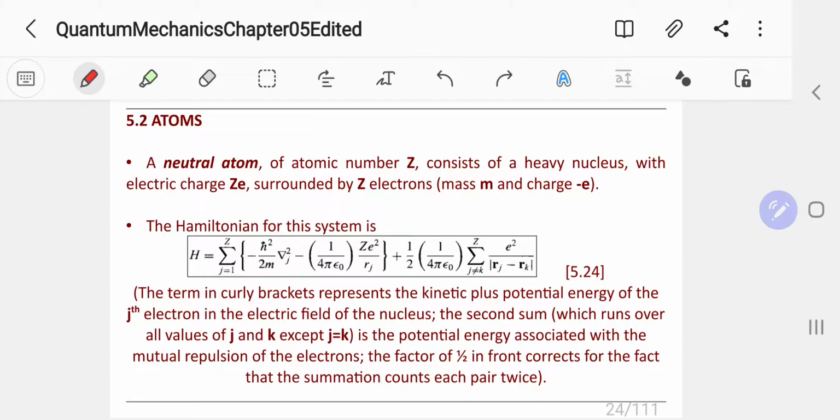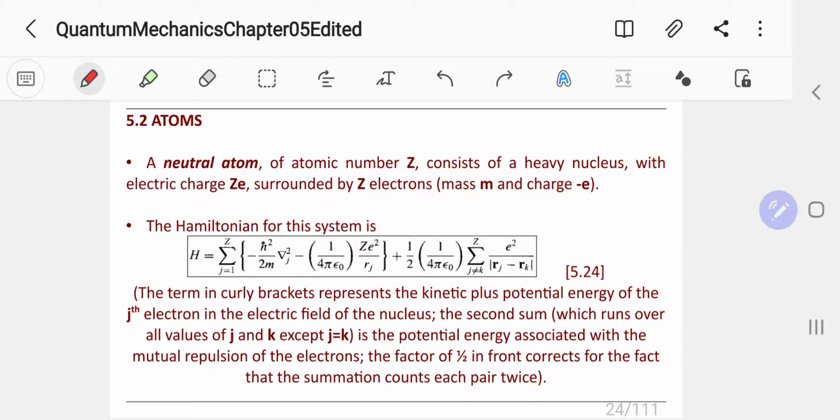If there are Z protons in the nucleus, you will also have Z electrons revolving around that nucleus, because the atom is supposed to be neutral.